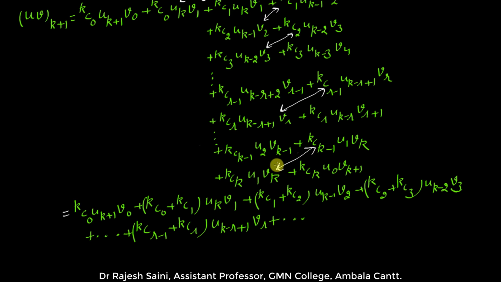So this will be kC(k-1) plus kCk, u1 vk, plus kCk u naught v(k+1).